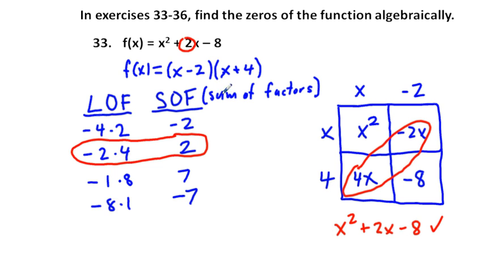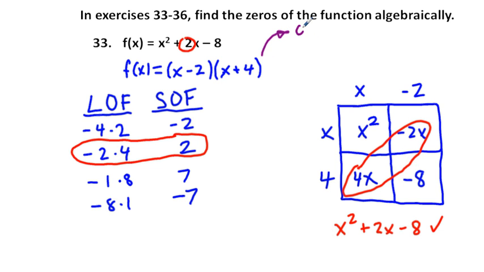Now, are we done? No, we are not done. And the reason we're not is because, if you're kind of lazy about it, you say, well, the zeros might be negative 2 and positive 4, but that would be incorrect because for zeros, you need to set this equation equal to 0. So I'm going to come up to the right here and rewrite this.